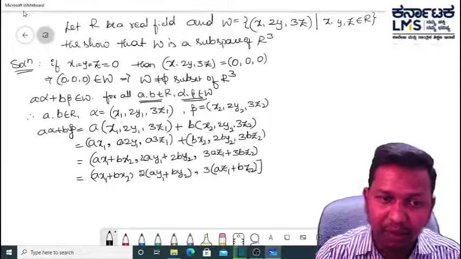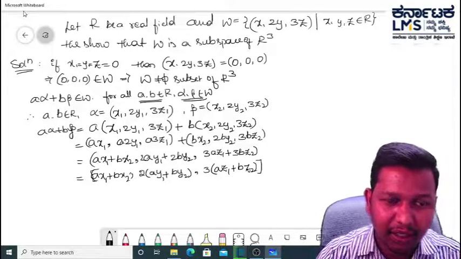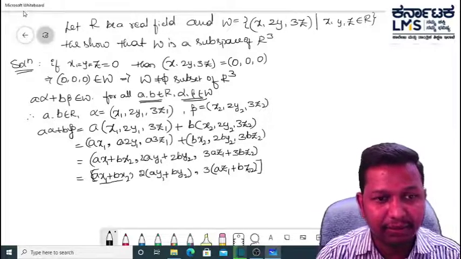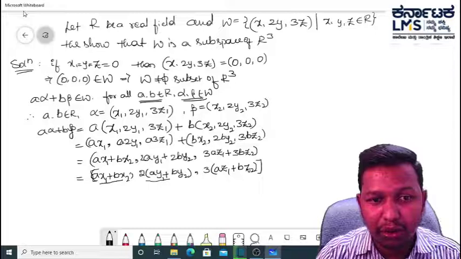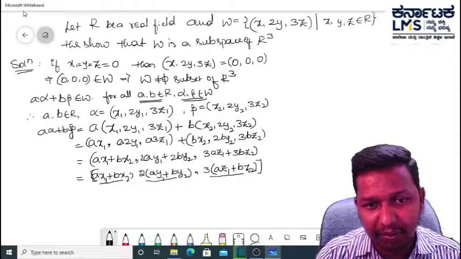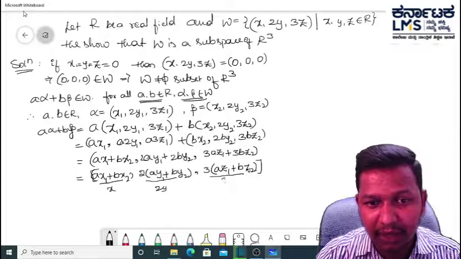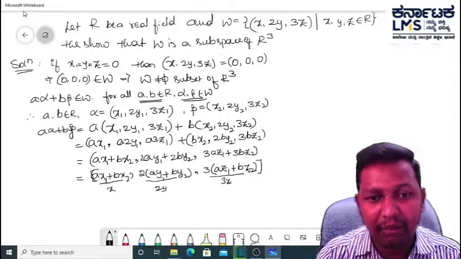Observe the last term. This one is the same; it looks like the x1 into 2y into 3z form. This looks like the x, 2y form and 3z form.